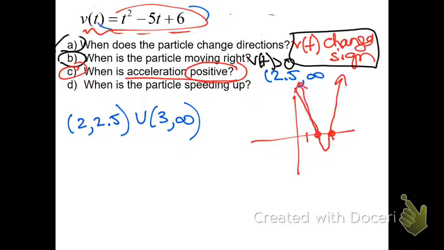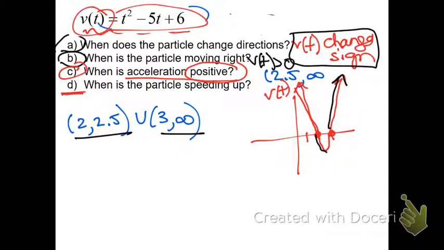But this was my graph of velocity. If we answer part D graphically, speeding up is when you're going away from 0. That would be from here to here, and from here to here. Same answers that we got with our sign chart.